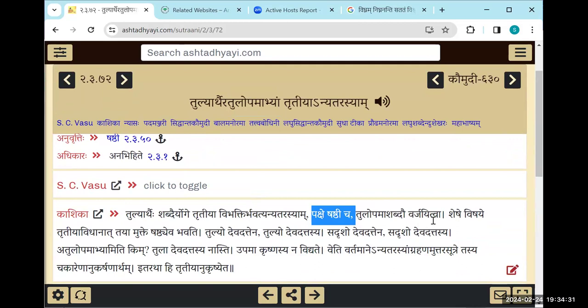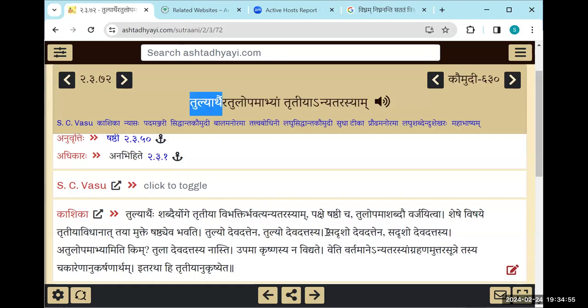Tulopama shabdo varjayitva. So now, what is the example? Tulyo devadattena. He is comparable with Devadatta. And the same thing can be said by what? Tulyo devadattasya. Sadrishaha devadattena. It is synonymous with Tulya. Tulyartha is what is said here.